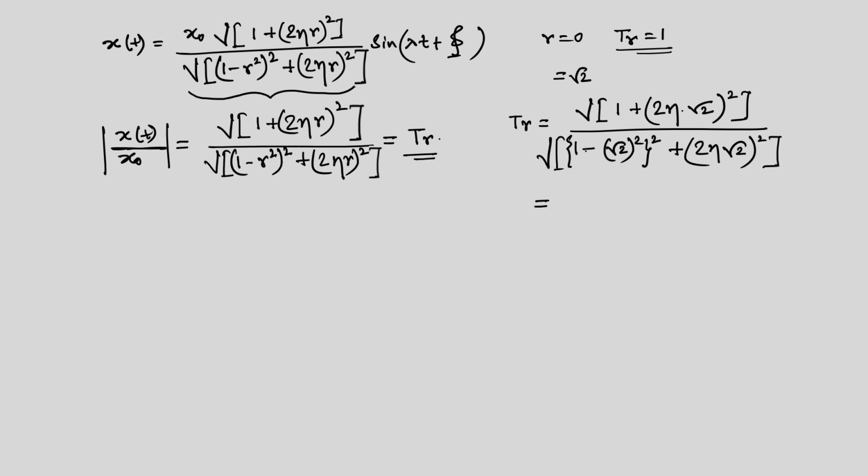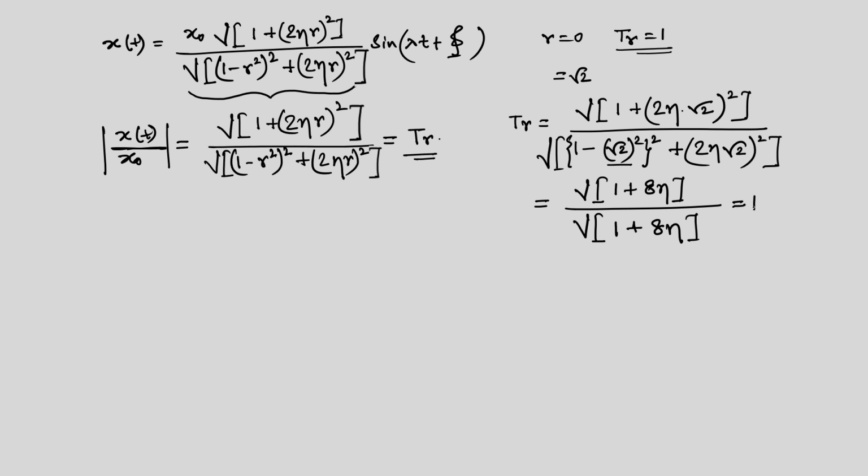So, what we have is square root of 1 plus 8 eta square. Dividing by square root of, now this square root of 2, if you square it, then you will have 2, 1 minus 2 is minus 1, then again if you square, that will get 1, and then here again you will have 8 eta square.